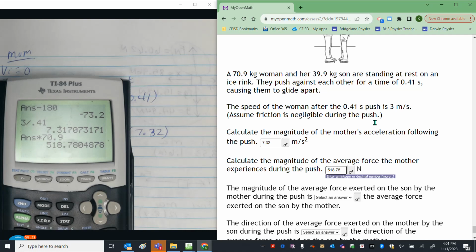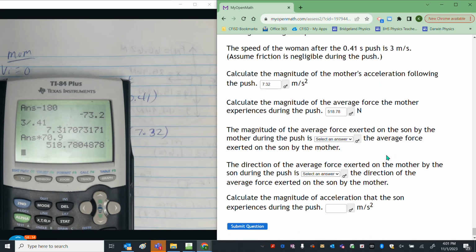The magnitude of the average force exerted on the son by the mother is, again, equal to, it's a force pair. She pushes on him, he pushes back on her, same amount, opposite direction. The direction of the force exerted by is, again, opposite to. This is right here, third law.